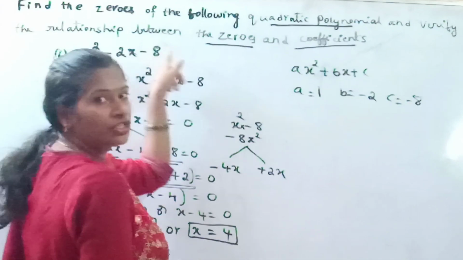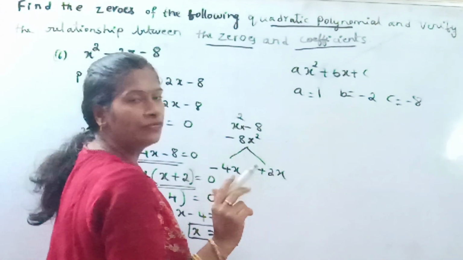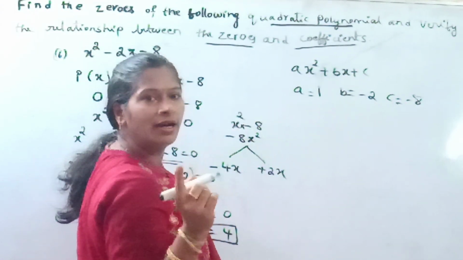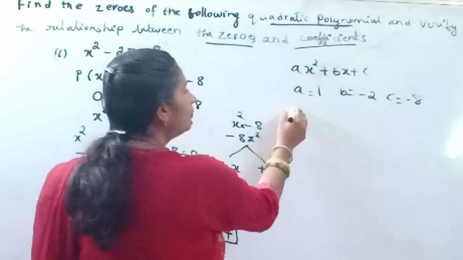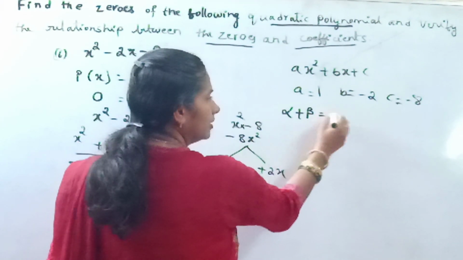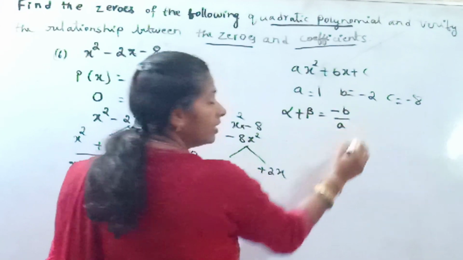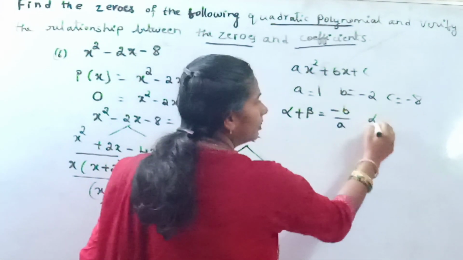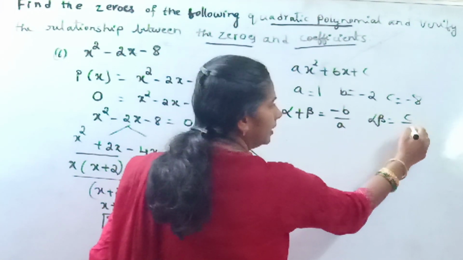We know that the relationship between the zeros and its coefficients, if alpha and beta are the two roots, then sum of its roots alpha plus beta is equal to minus b by a, and product of roots alpha beta is equal to c by a.